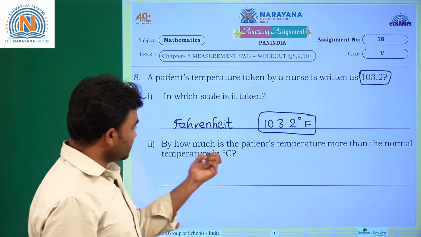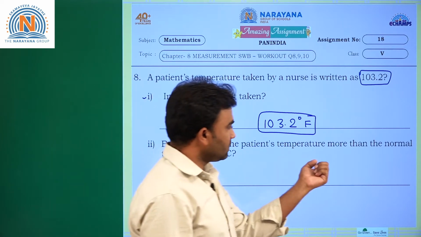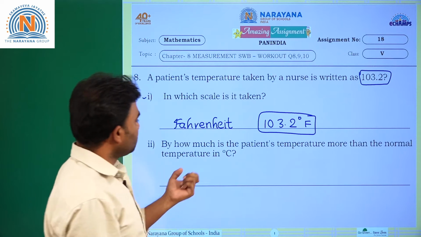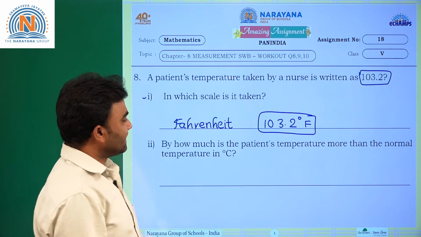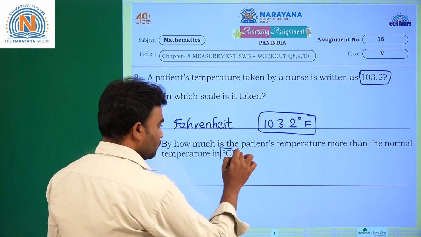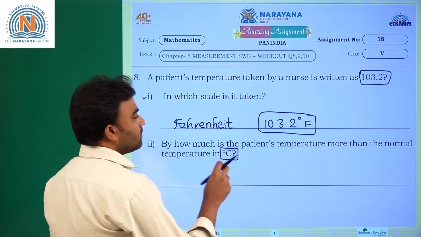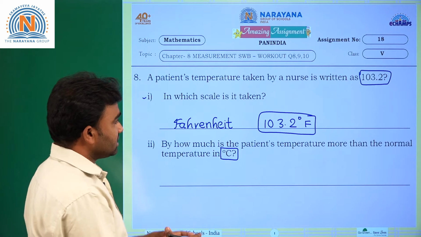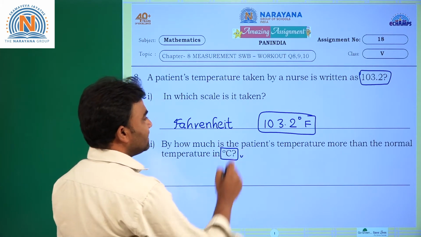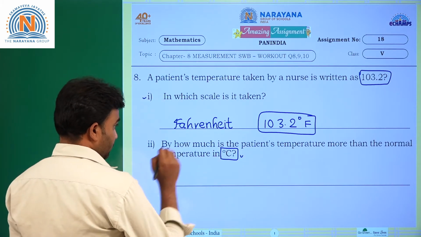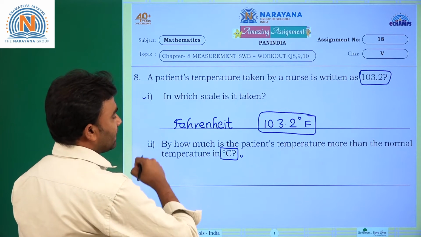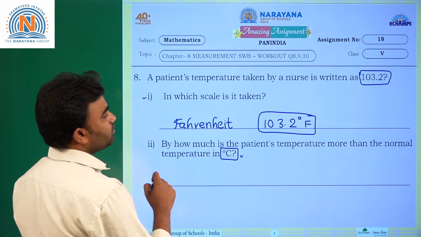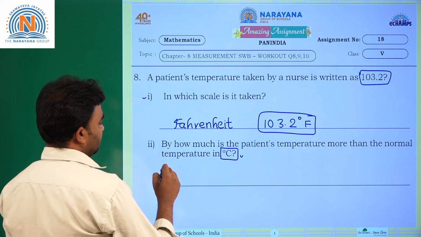Next, by how much is the patient's temperature more than the normal temperature in degree Celsius? We have to find how much more it is than the normal human body temperature in degree Celsius. Given is 103.2 degree Fahrenheit.